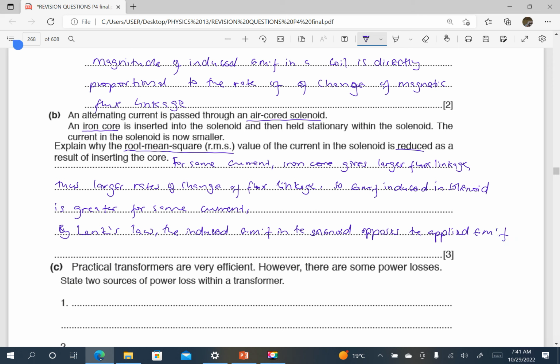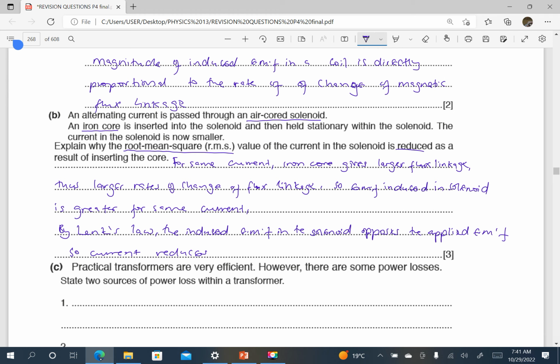So the current is smaller. Or we can say the induced EMF acts to reduce the current.